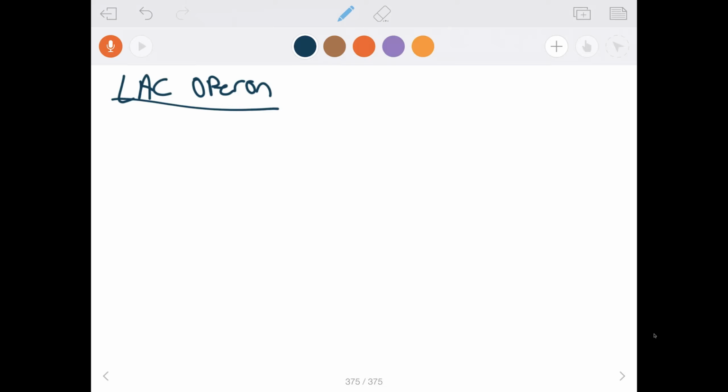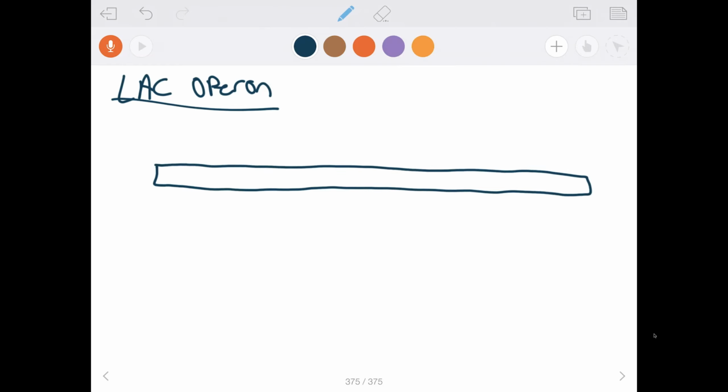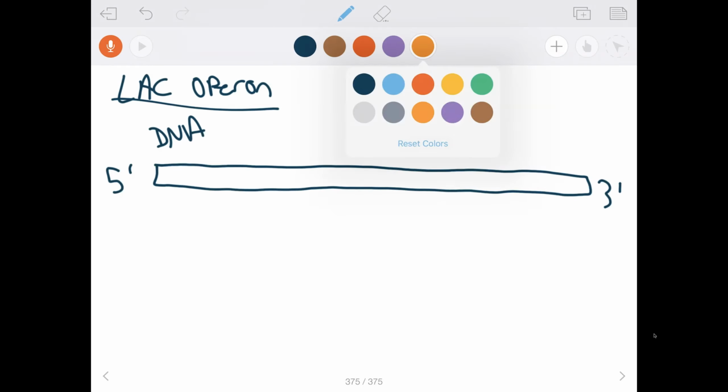So here is your DNA. Here's your 5' end, here's your 3' end. Now you have some distinct sections in here.